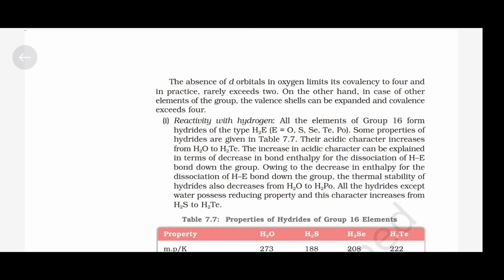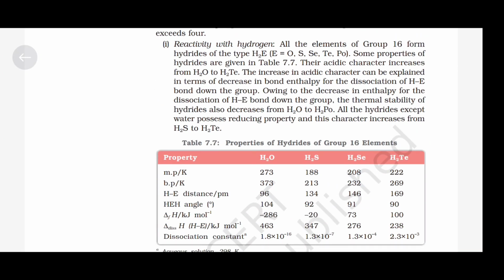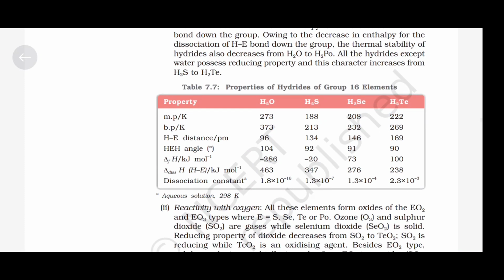All the hydrides except water possess reducing property, and this character increases from H2S to H2Te. So you can look at the properties of the hydride which is shown in the table. You can compare the melting point, boiling point, then the bond distance between hydrogen and the element of group 16.